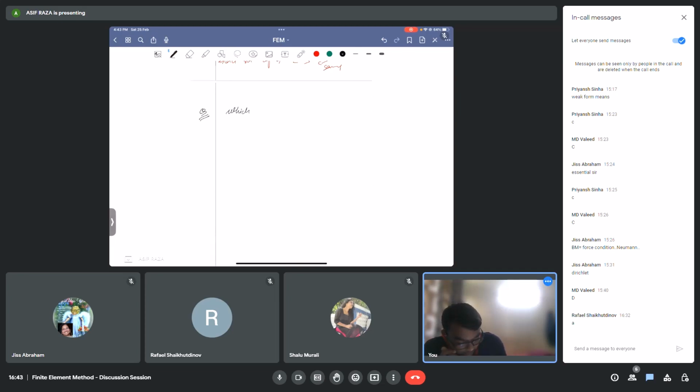So, which of the following statements is not true about Timoshenko beam?